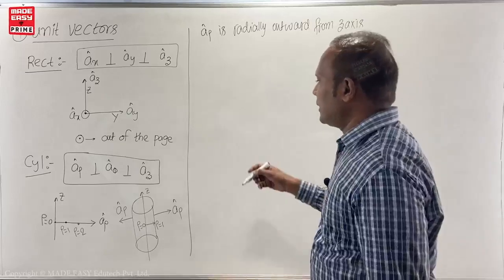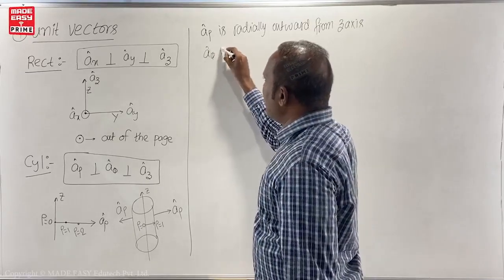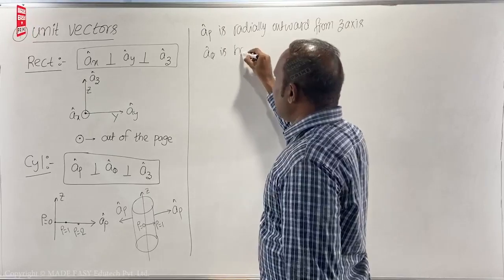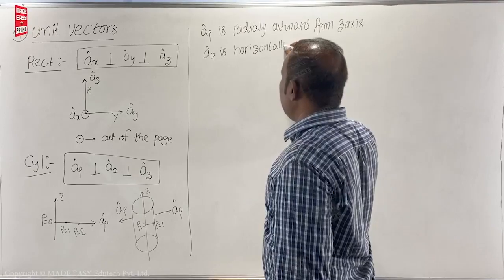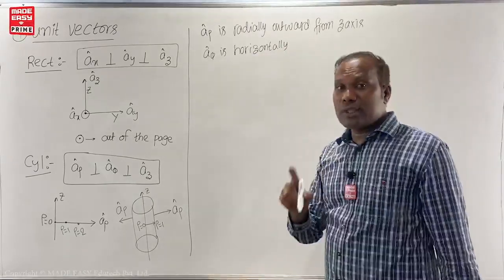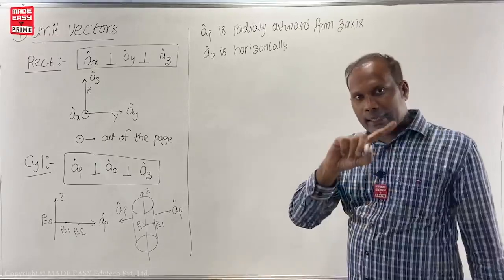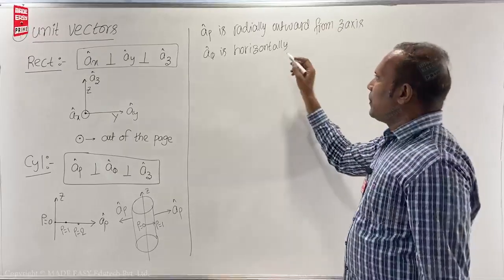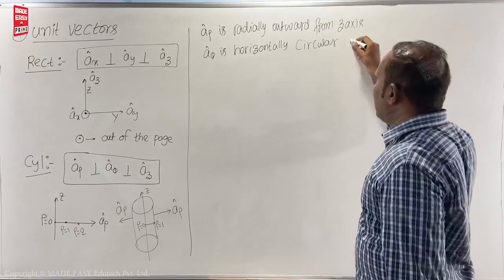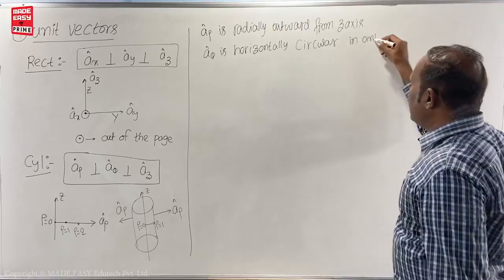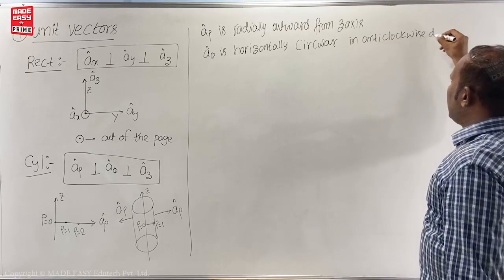Now dear students, coming to the a phi cap, so a phi cap is horizontal angle. So horizontally, always angles give circles. So whenever you increase the angle, that gives circles. So a phi cap is horizontally circular in anti-clockwise direction.